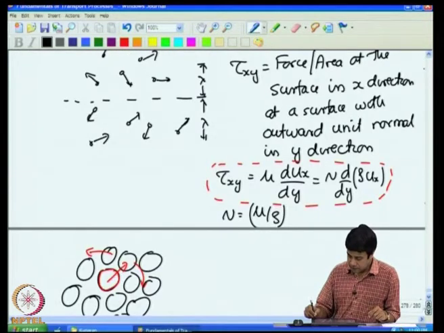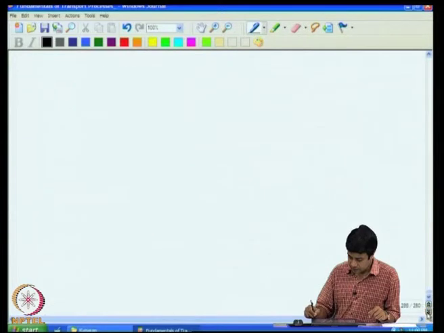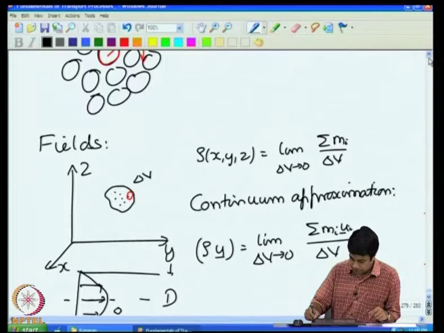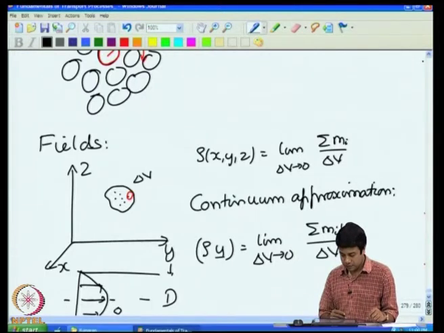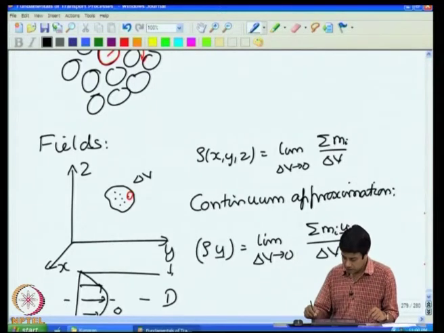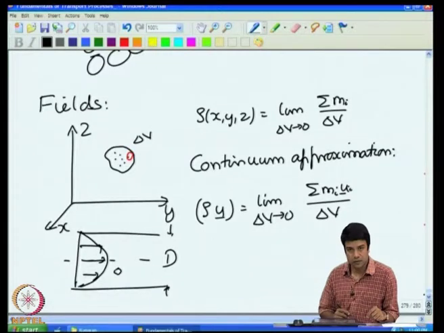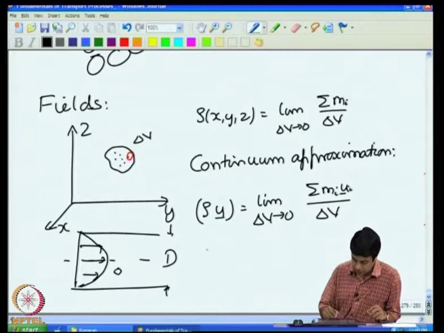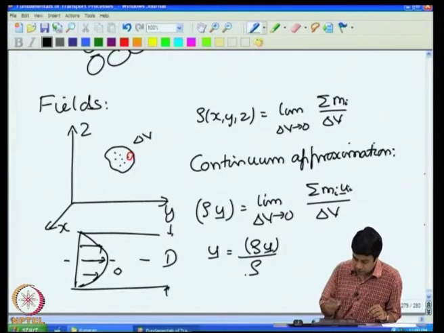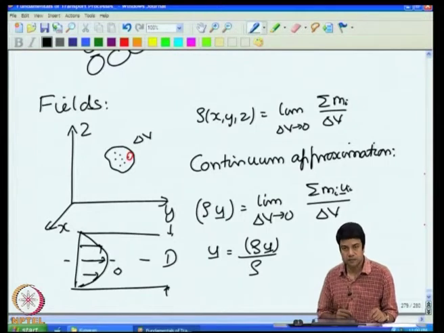So, I have to take the vector sum of the velocities of all the molecules, add them all up, and divide by the total volume to get the momentum density, momentum per unit volume, and the velocity is just equal to the momentum density divided by the density. So, that is the mean velocity.